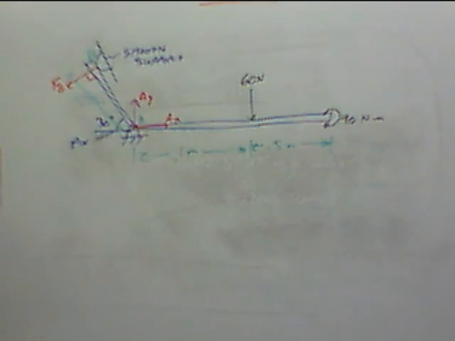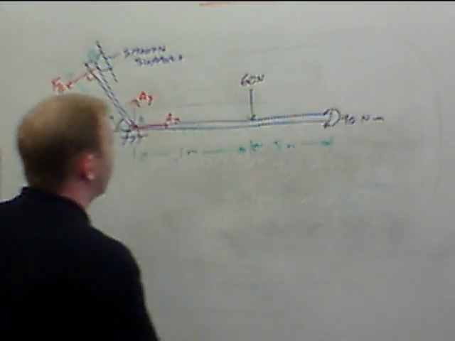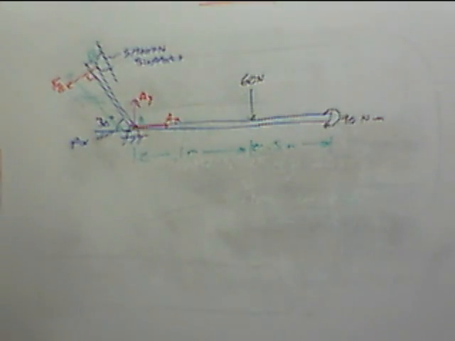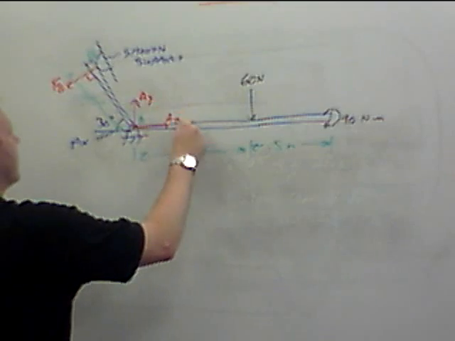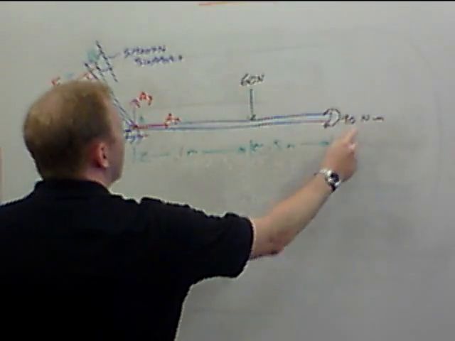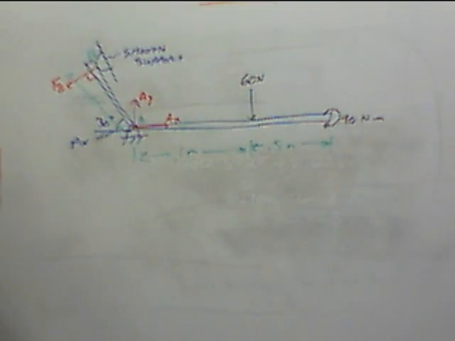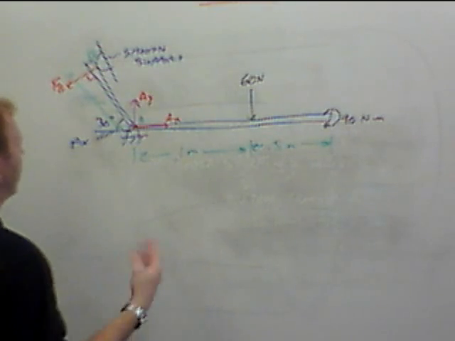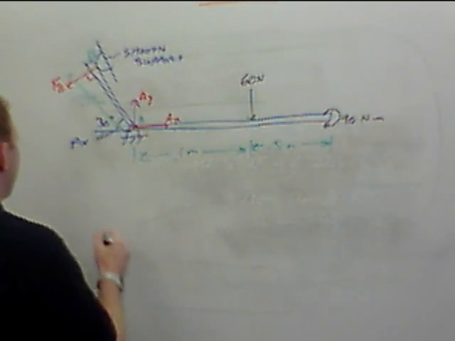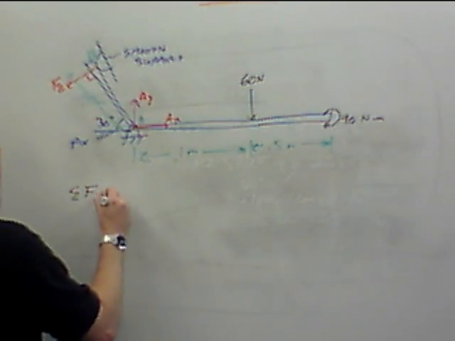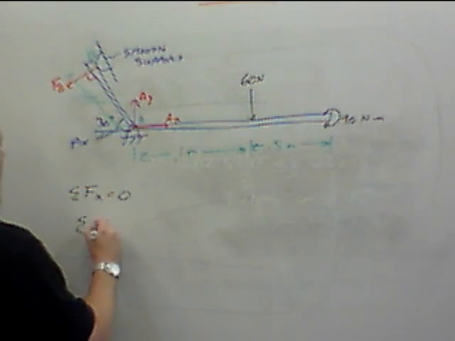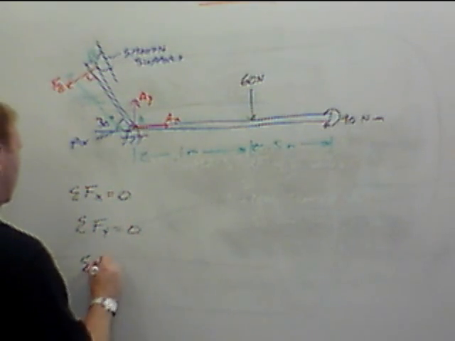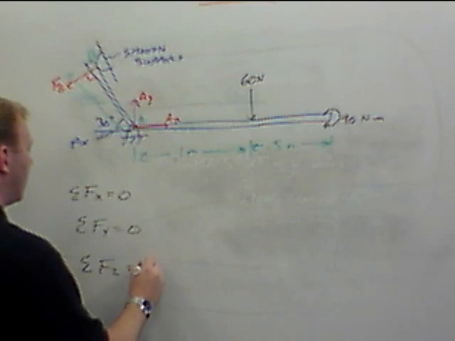Now we have this big mess of a diagram, but really we've got 1, 2, 3, 4 forces and a moment. We have equations we can work with: summation of forces in the x, summation of forces in the y, and summation of forces in the z, all equaling 0.